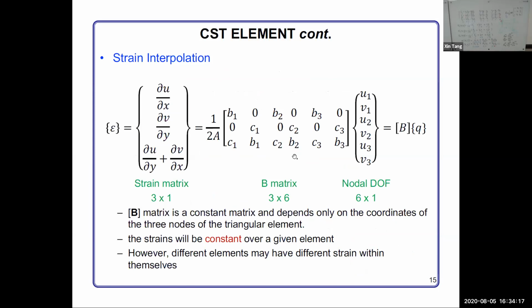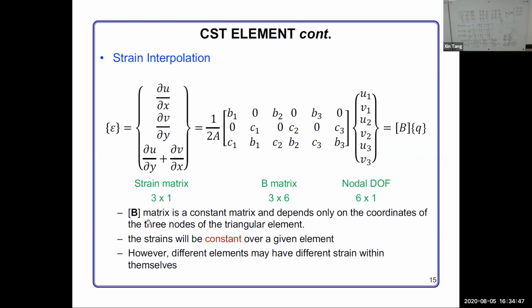They can be 0 when you calculate, but when you write it, they can be represented by those symbols. This constant matrix is called the B matrix. This B matrix is used to calculate the strain in the CST element. You write it as B in brackets, and the degree of freedom matrix is called Q in brackets.